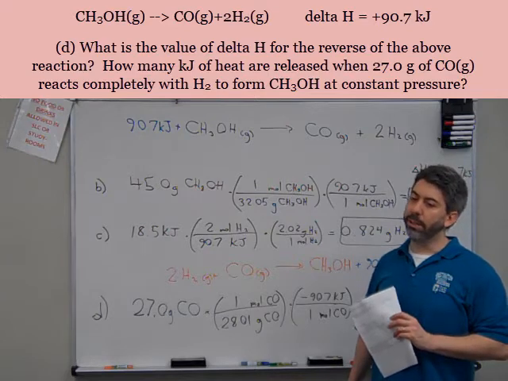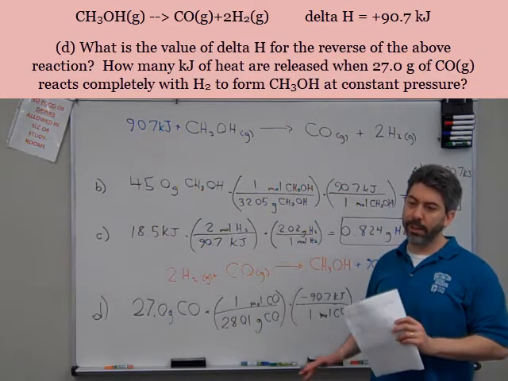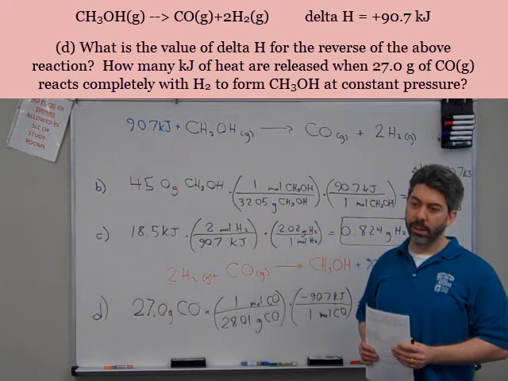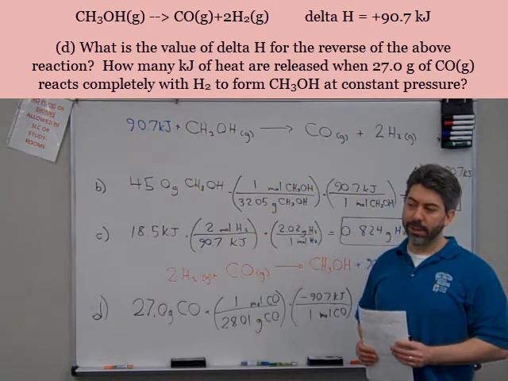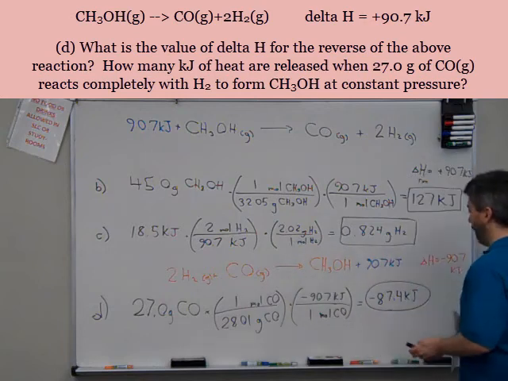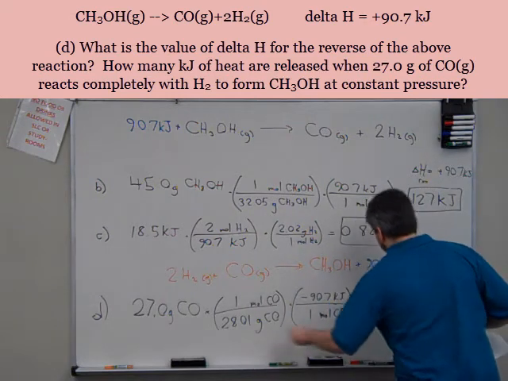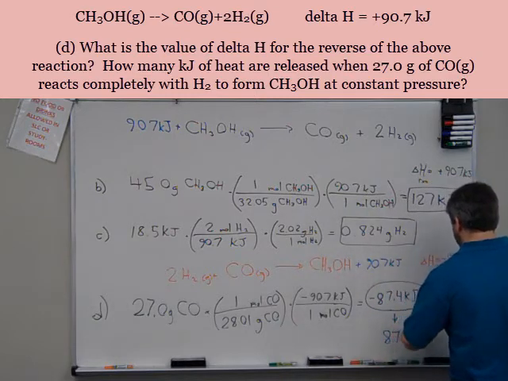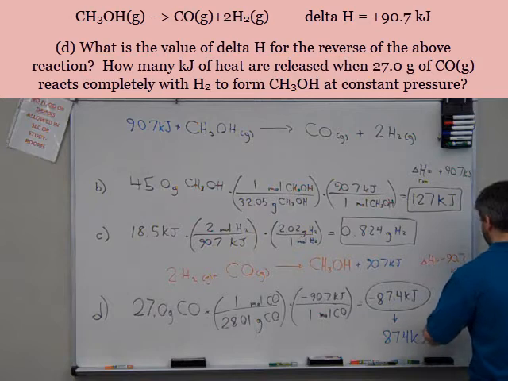Like I said, it's kind of a stupid semantics thing, but that's how it has to work, unfortunately. Does that make sense? So we would just put 87.4, no negative at all? Exactly. So the answer is actually positive 87.4 kilojoules released.